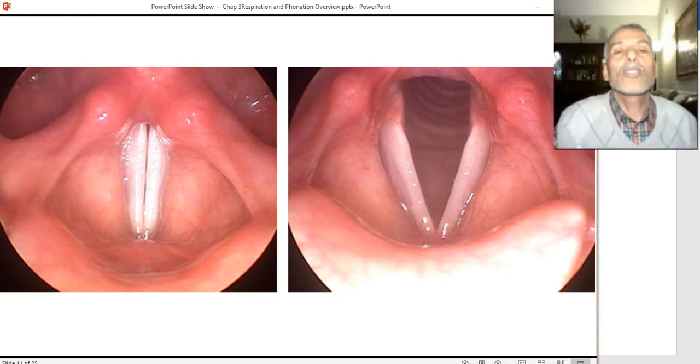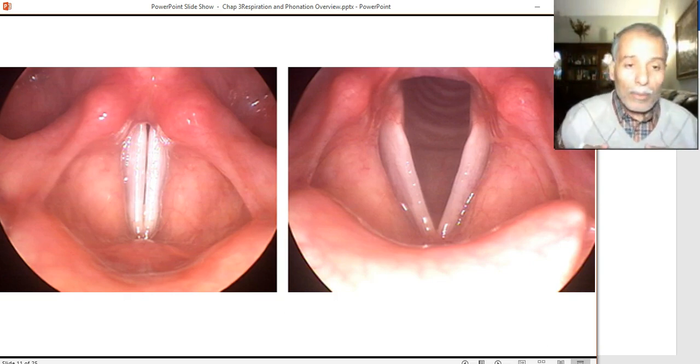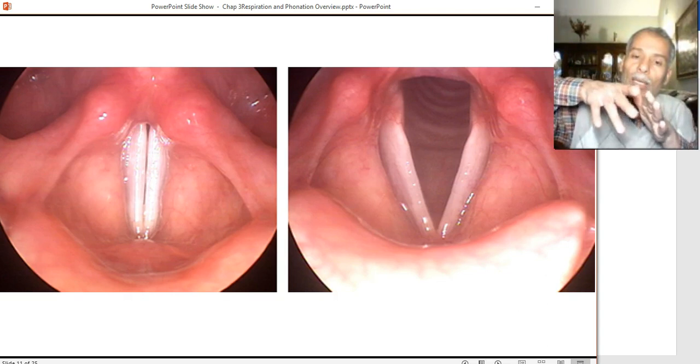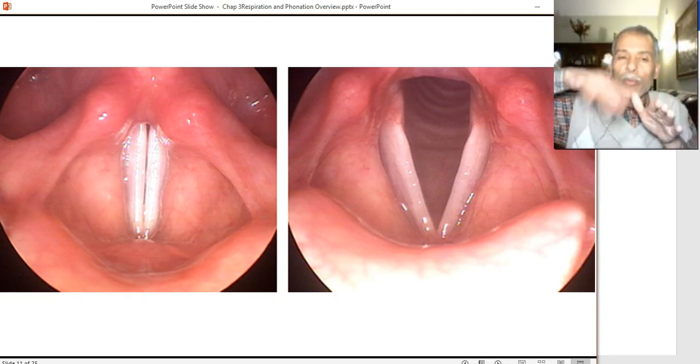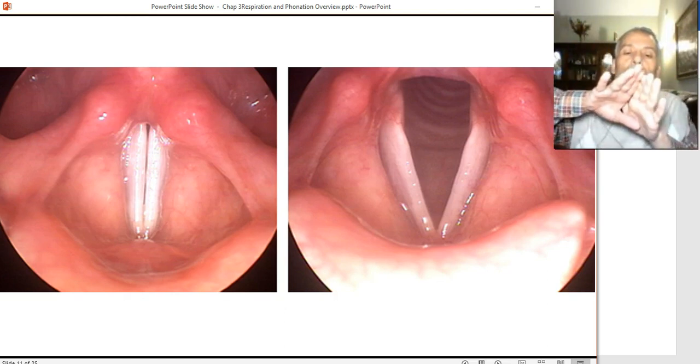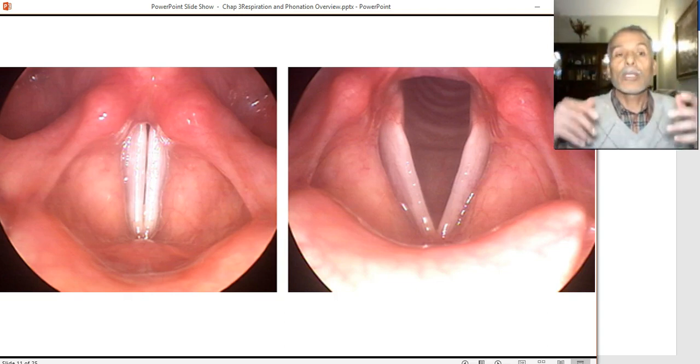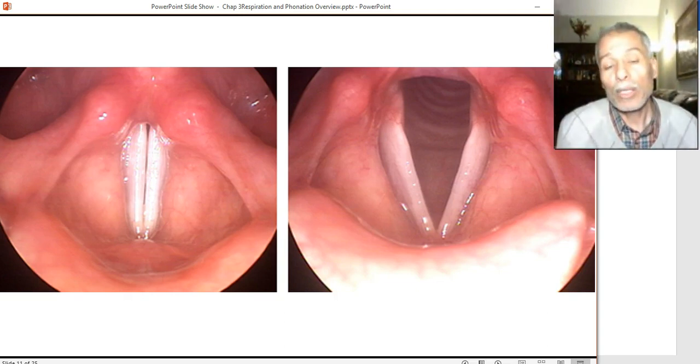And that's a constant struggle, so that by the time the vocal folds come to the midline again at the rest area, the air pressure builds up, and when they are close to each other, it builds up enough to blow them apart and to generate the buzz. That happens for adult females about 215 to 225 times per second.